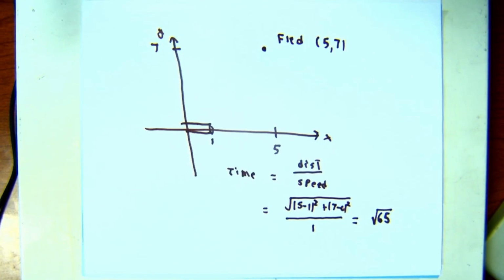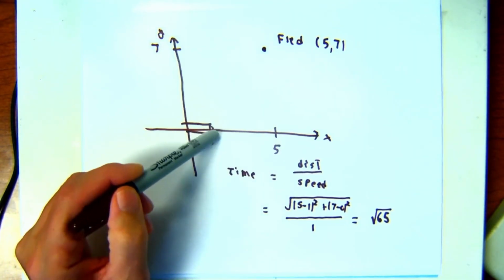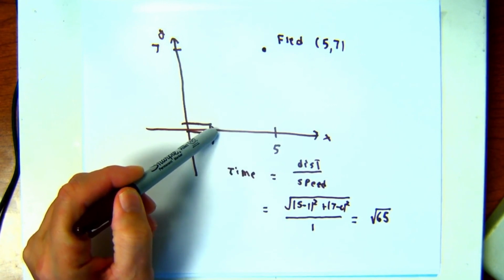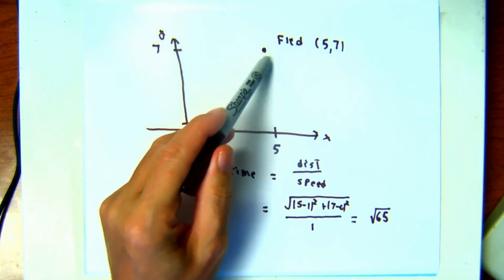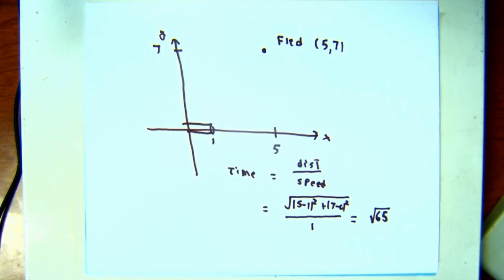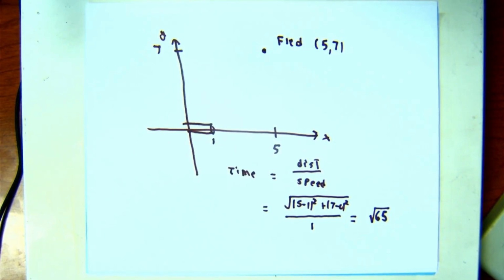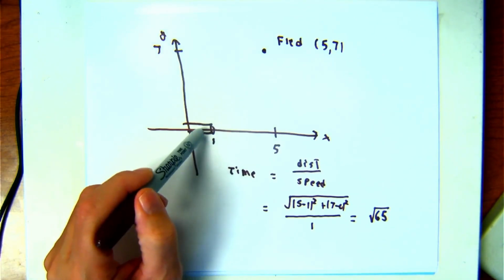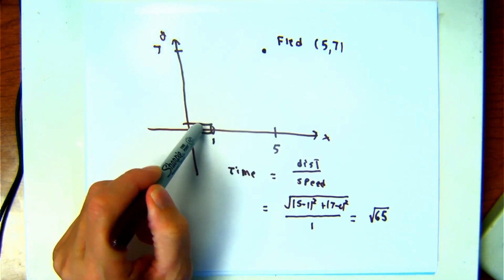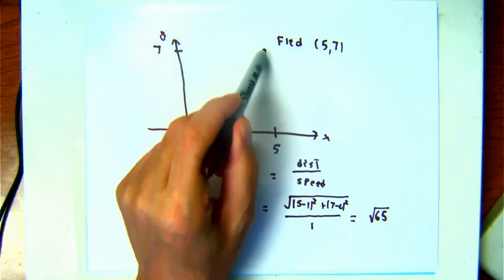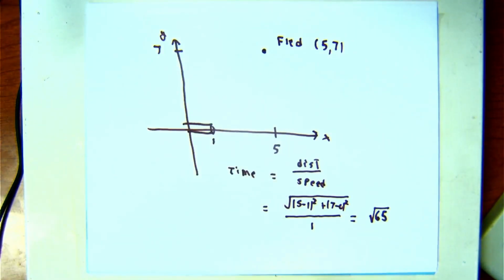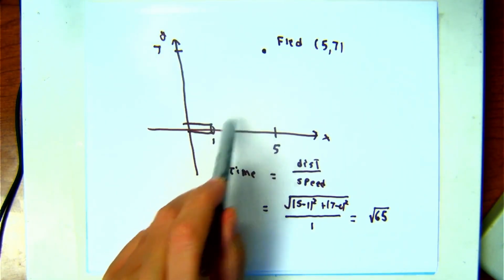In this initial situation, this point is the closest point of the metal bar to Fred. All other points are further away. Being further away, it's going to take more time for light to travel from this point to Fred than it does to travel from this point to Fred.